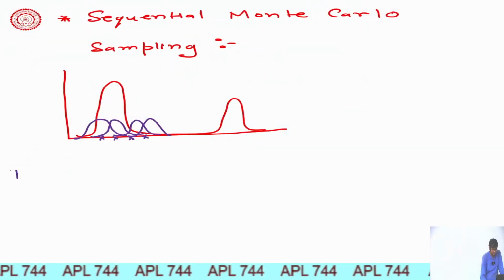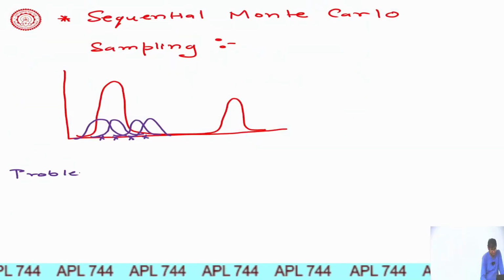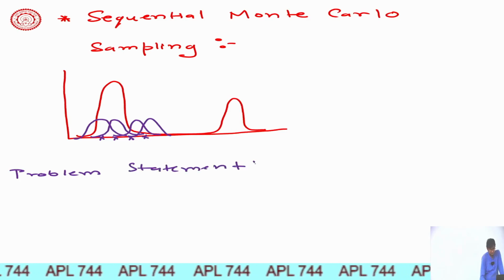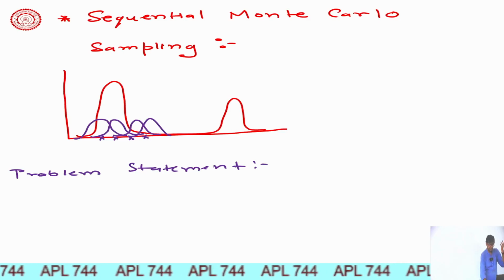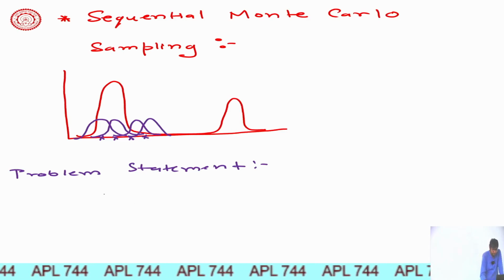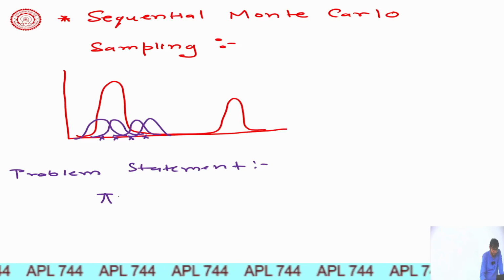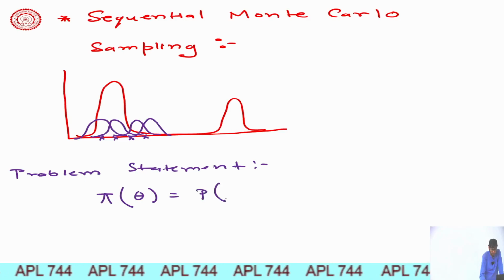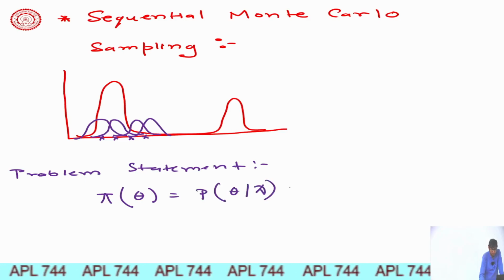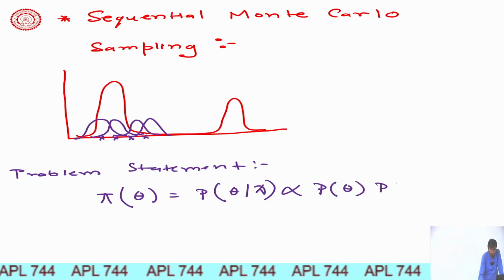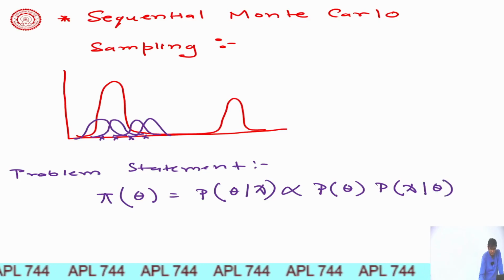So what is the idea, or rather the problem statement? Let's first write. Problem statement is, we'll stick to our Bayesian thing. So I have my pi of theta, which is equal to probability of theta given d, which is proportional to probability of theta, probability of d given theta.